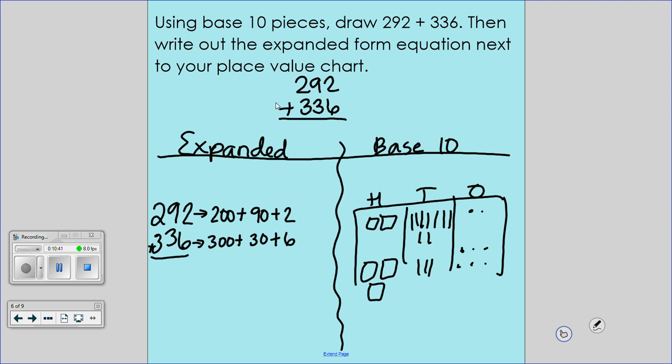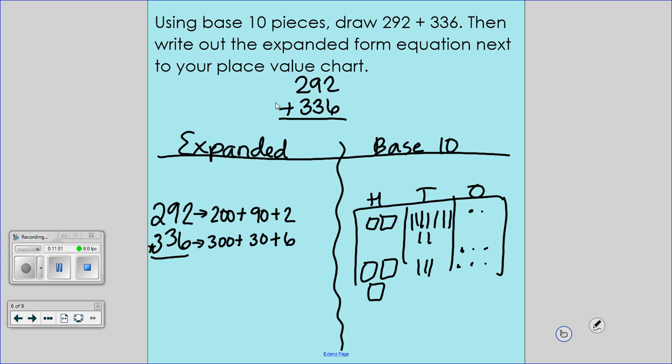Neatness counts. You must line up your hundreds over your hundreds, your tens over your tens, your ones over your ones. So if you wrote down junkie, can you fix it, please? It's going to be really important that things are lined up.